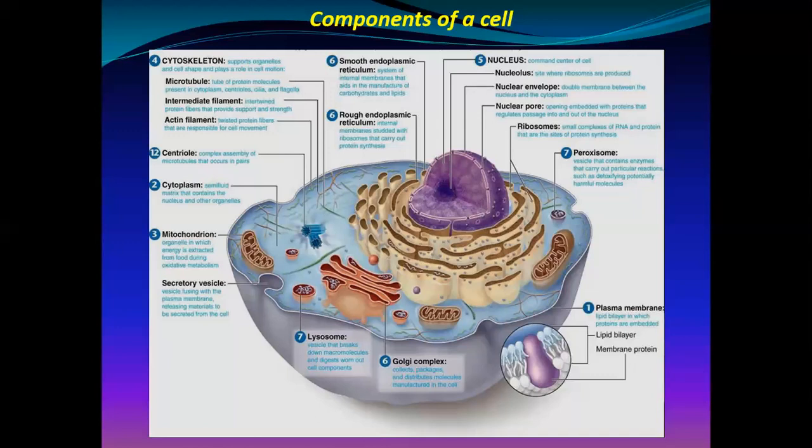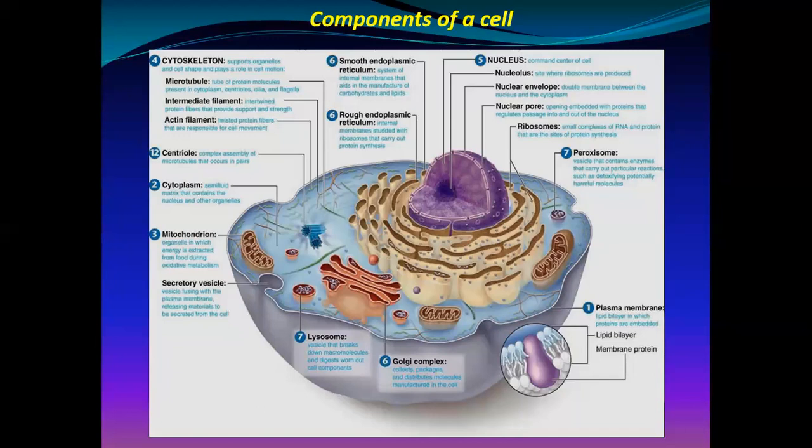And number 3 is the mitochondria, an organelle where energy is extracted from the food during the oxidative metabolism. And then, number four, cytoskeleton, right? That is the skeletal system of the cell. I told you microtubules, intermediate filaments, actin filaments. We have different functions, right? Microtubule is a tube of protein molecules involved in the transport of molecules inside the cell.